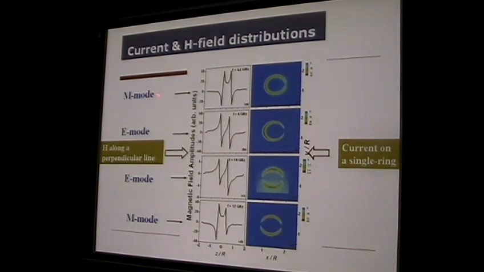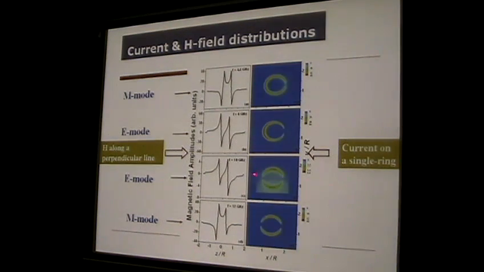Okay, let me just give you some current and field distributions of these several modes of these structures. On the plane, you find that the first mode pair is actually governed by this current distribution: the current flowing along this direction, along this, and ending at this gap. And for the second mode pair, the current is quite different.